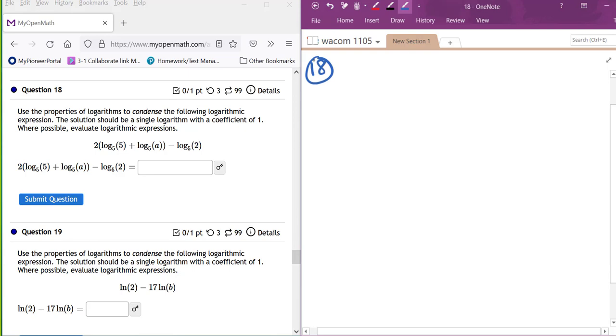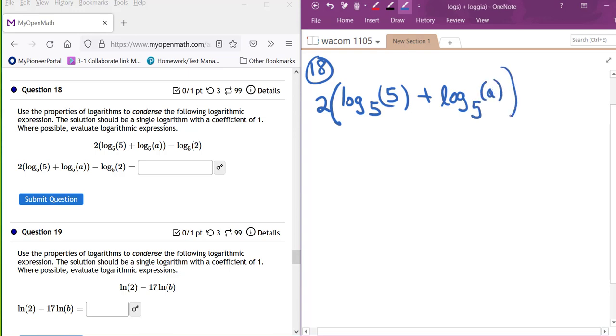Right, 18. This one we have 2 times the log base 5 of 5 plus log base 5 of a minus the log base 5 of 2.